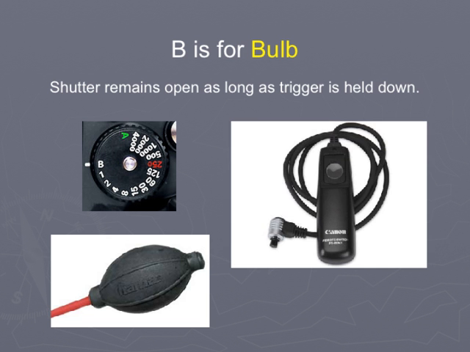So the bulb mode is basically where you're triggering the shutter and it will stay open as long as you hold down the button on the camera. Or if you're using a remote release, like the one pictured on the right here, you can use that to help control longer exposures, even like the star trails, where you can do photographs for a very long period of time.